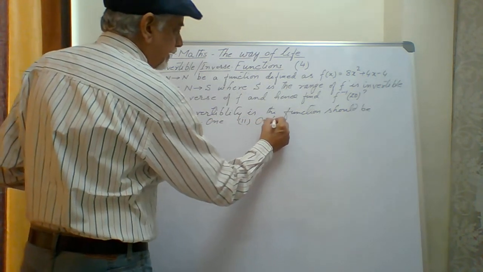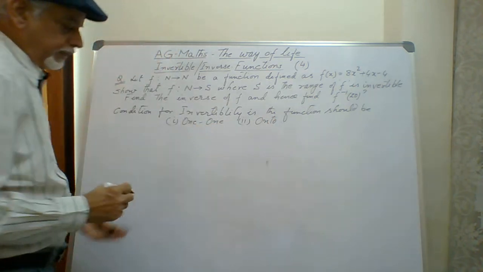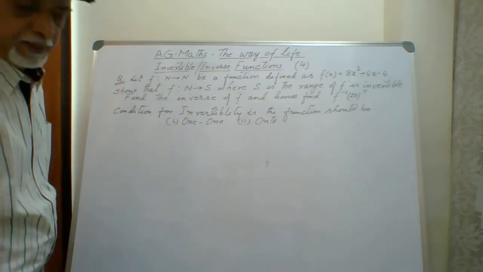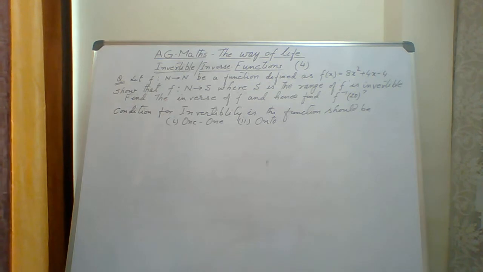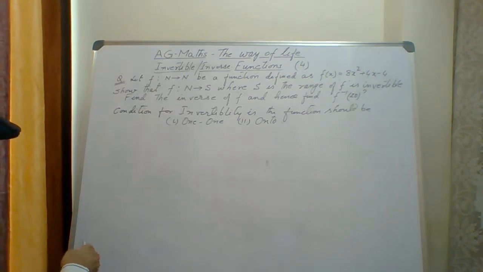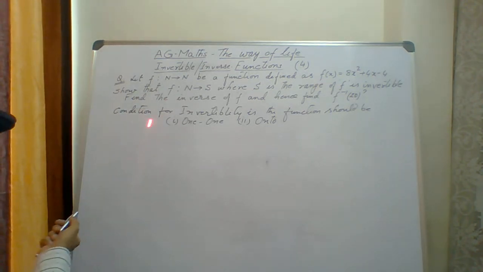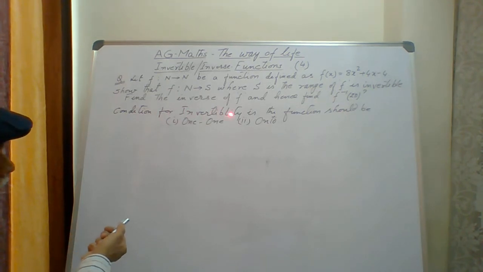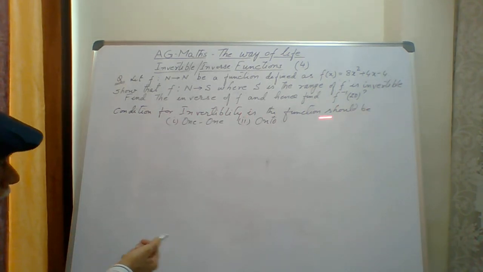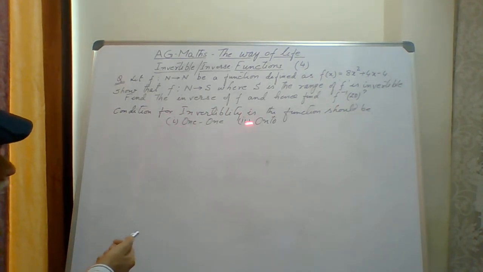If a function satisfies the property of one-one and onto, then we say it is an invertible function. So the condition for invertibility of the function should be one-one and onto.